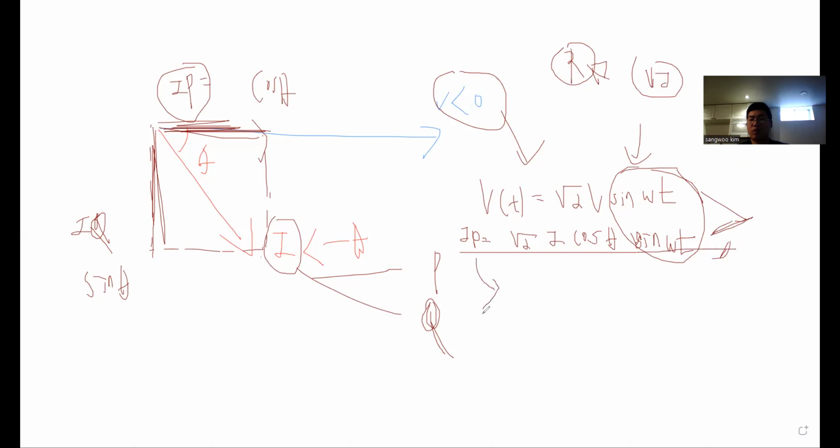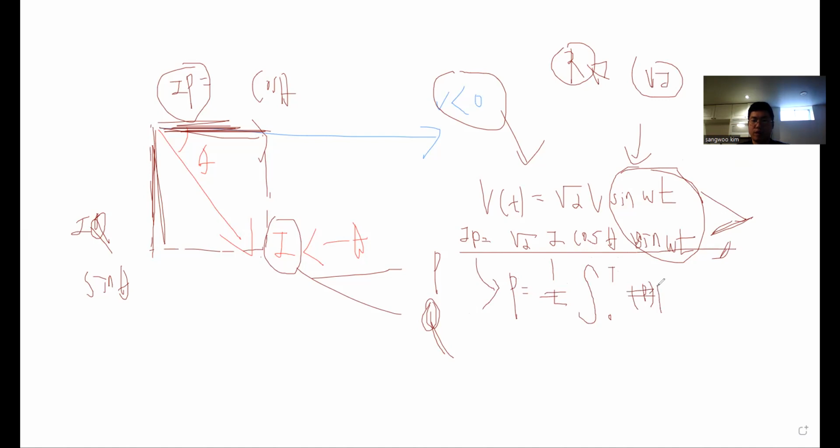So if we try to do P differential, P is VI, right?